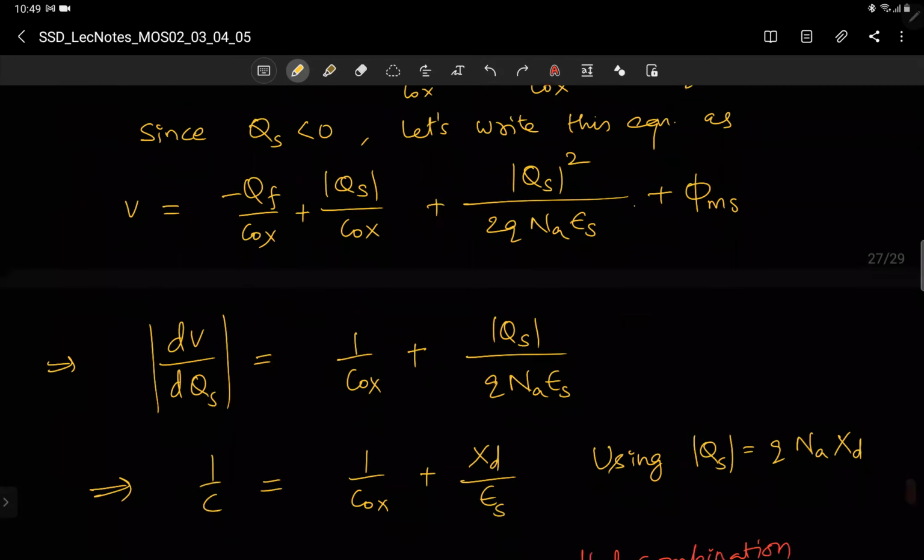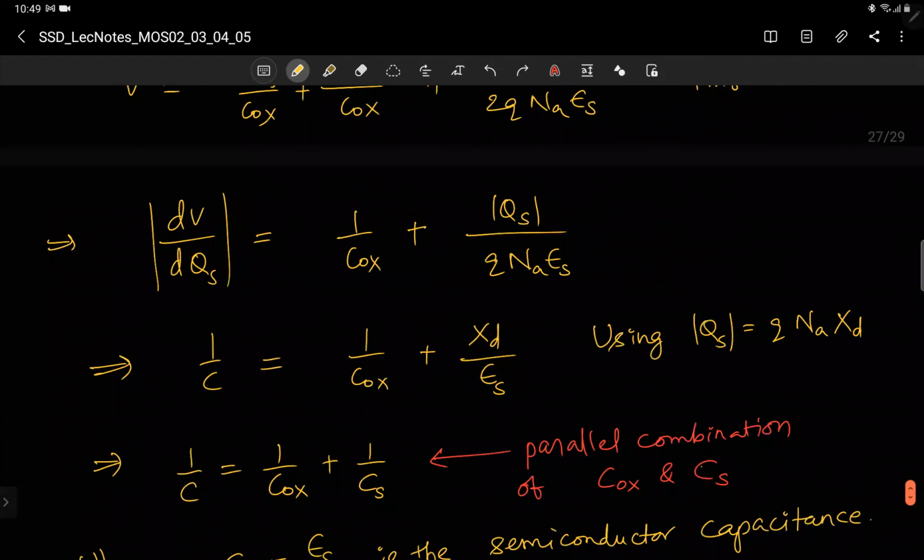And if you see, this is what we have defined as 1 by C. So C is nothing but mod of dQs by dV. So this becomes 1 by C equals 1 by Cox plus, and you know that mod Qs is Qna xd, where Qna is concentration and xd is the depletion width.